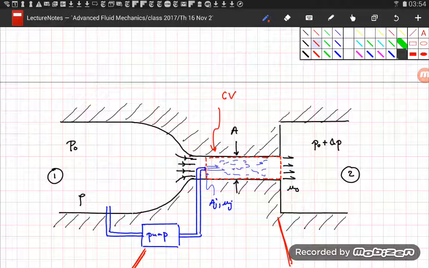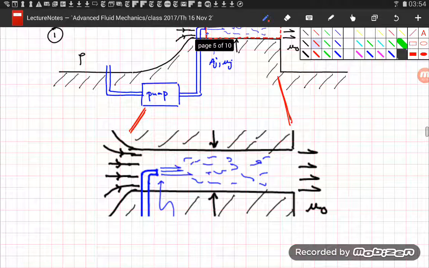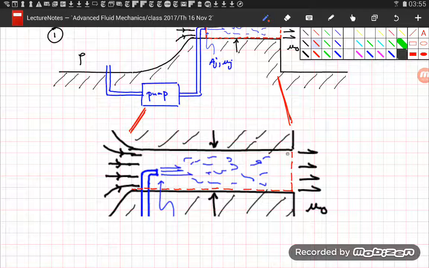Now, it's not the only choice. For instance, you could decide to pick this control volume here. Same thing, you're taking the control volume at the end, and here you cut through the nozzle, and you finish it right there at the inlet where the flow is also uniform.